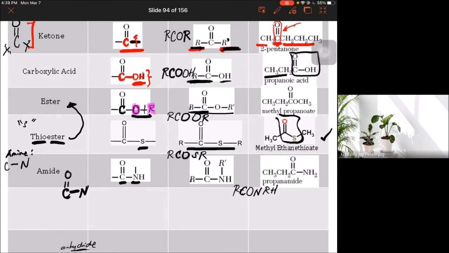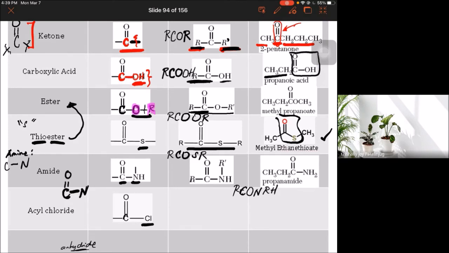And then, we're almost done. Acyl chloride. Acyl chloride likewise contains a carbonyl and it is directly attached to a chlorine, a chloride. Hence acyl chloride.